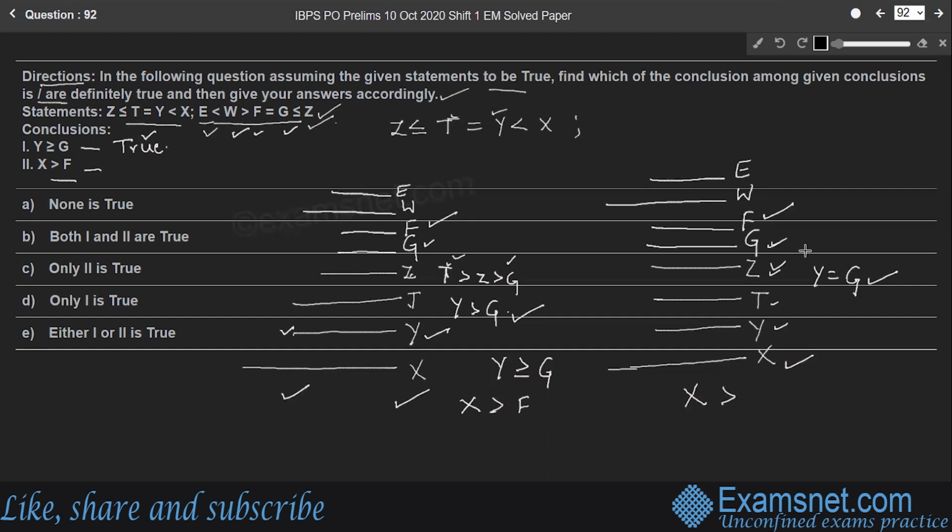So all these lines are equal in the second case. Only x is the greatest line. Therefore, x is greater than f, right? Therefore, the second conclusion is also true. So we can conclude both 1 and 2 are true. Option B is the right answer.